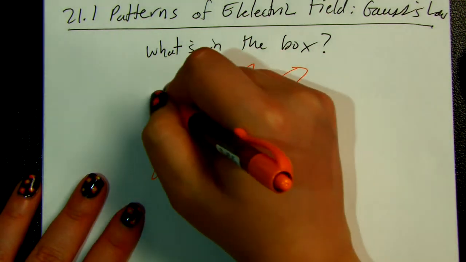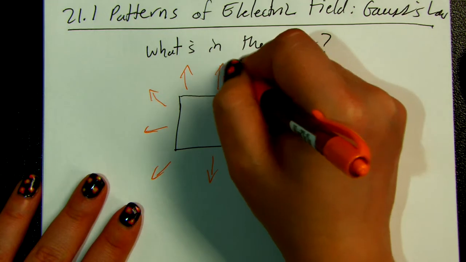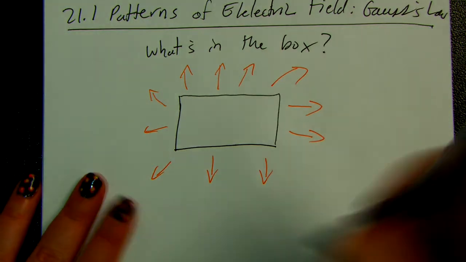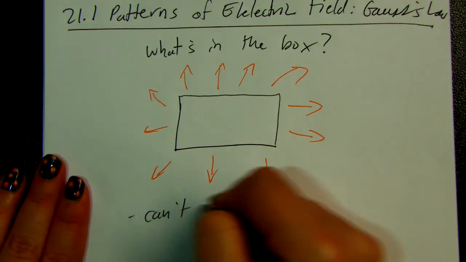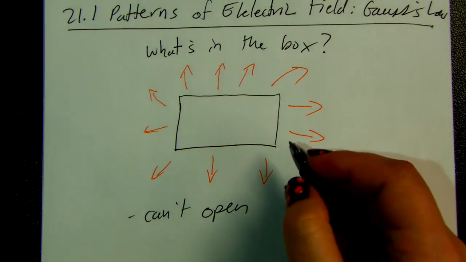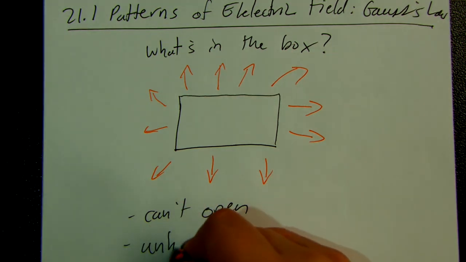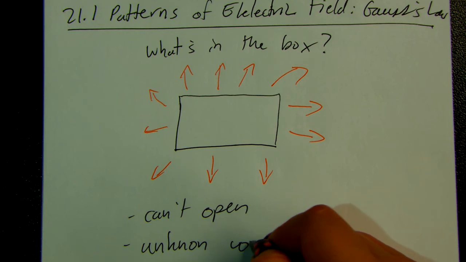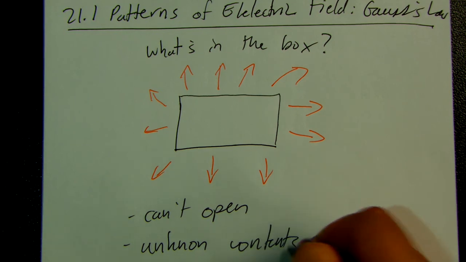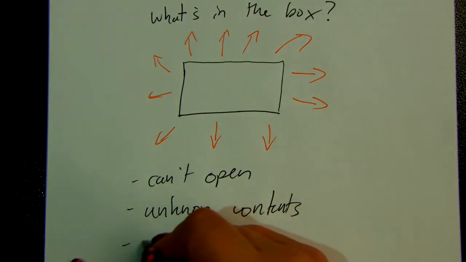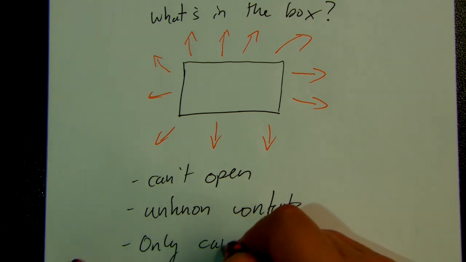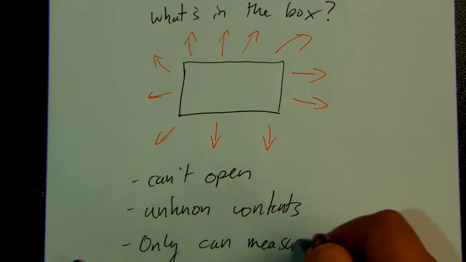We can't open the box, we can't see inside. All we can measure is this field. So can't open, unknown contents, only can measure field.